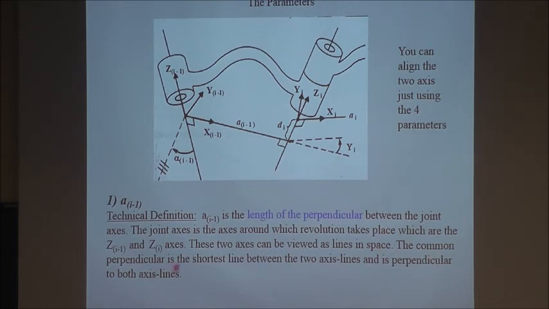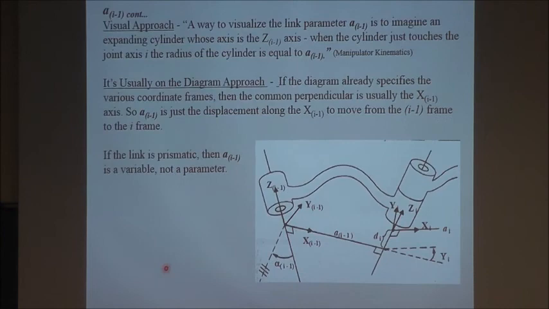The common perpendicular is the shortest line between the 2 axis lines, and is perpendicular to both axis lines at the same time. Okay? Do you see what this first parameter is? It is a translational value. ai minus 1 has a millimeter or inch dimension. That's your first DH parameter.